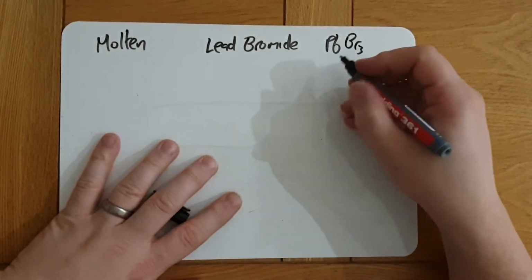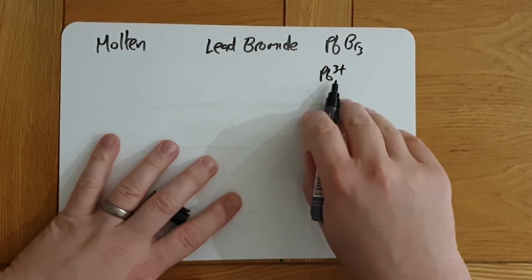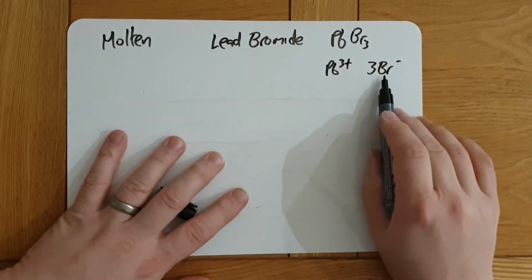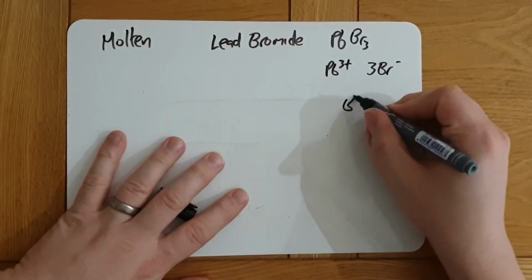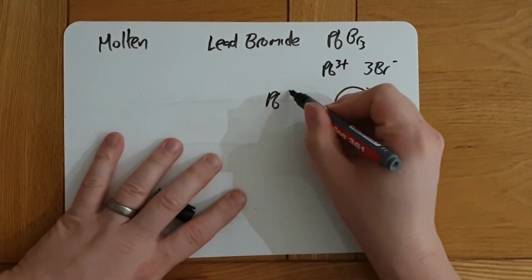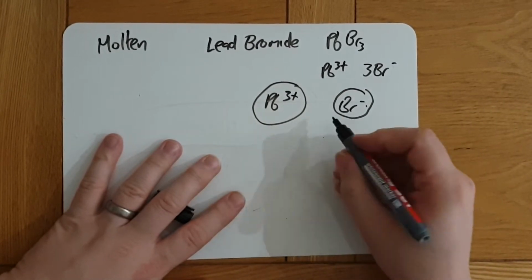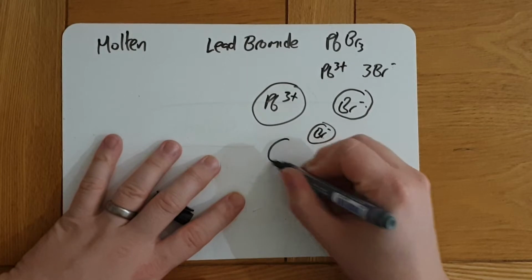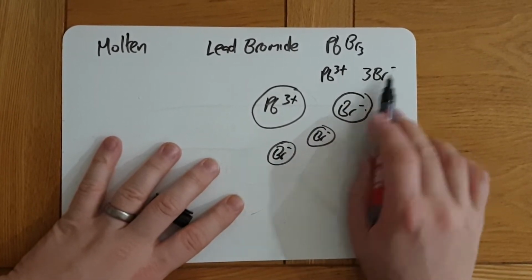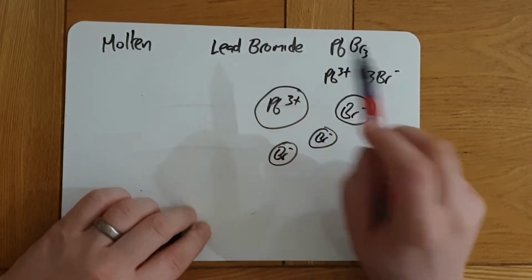The ions it is made of are Pb3+, with a charge of +3, and then 3 lots of Br-, each with a charge of -1. The charges have to balance, so there are 3 Br-, and 1 lot of Pb3+. They hang around together as PbBr3, which is lead bromide.